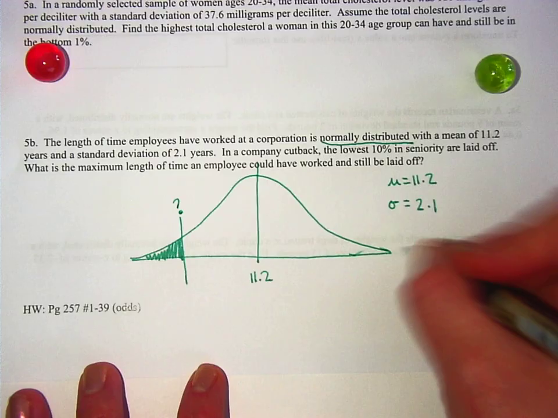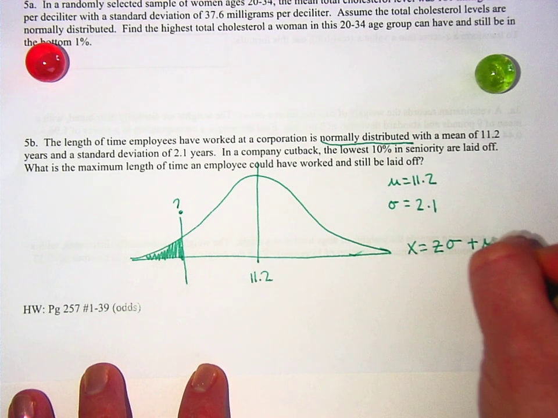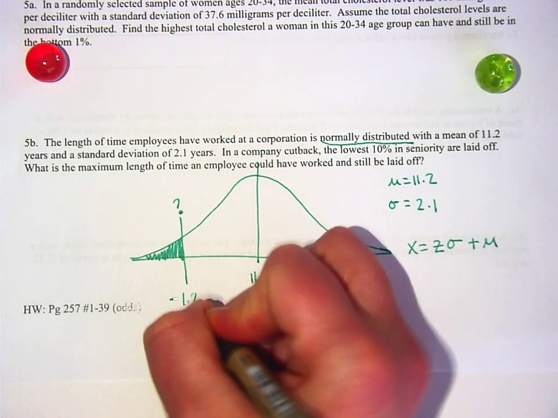Okay. The formula is x equals z times sigma plus mu. But I'm going to need a z-score, so what should I look up? We used the highest 10% before, so you could use the opposite of that, which is negative 1.28.